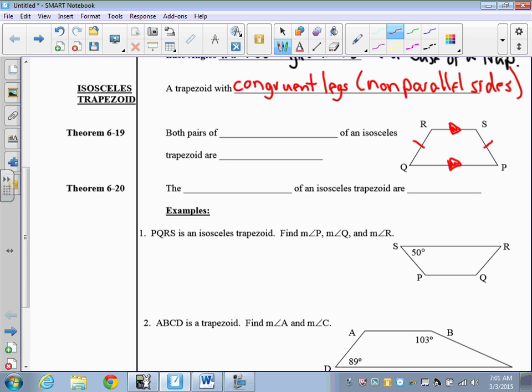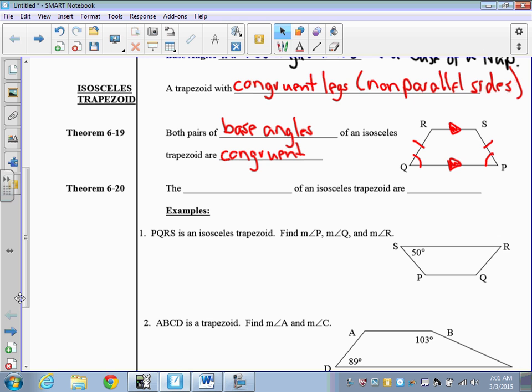We have a couple of theorems here. It says both pairs of base angles of an isosceles trapezoid are congruent. So remember, we just talked about the base angles. Those are the angles that are formed with the parallel side, with the base.